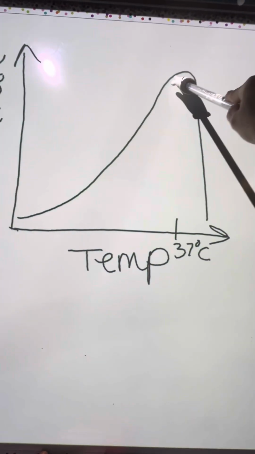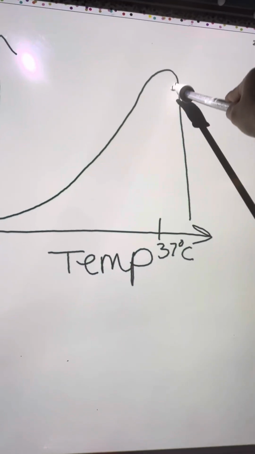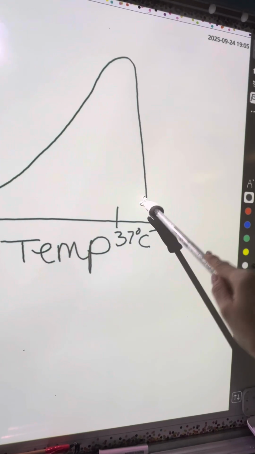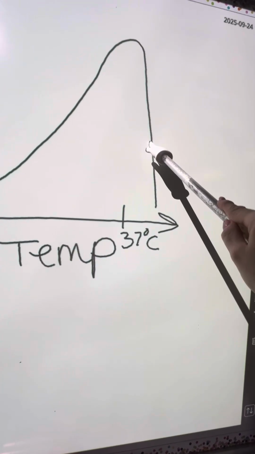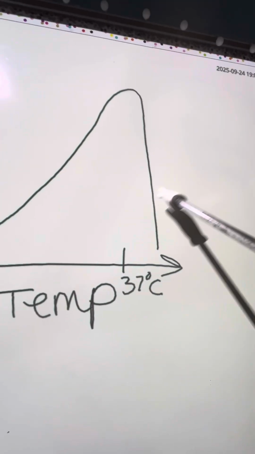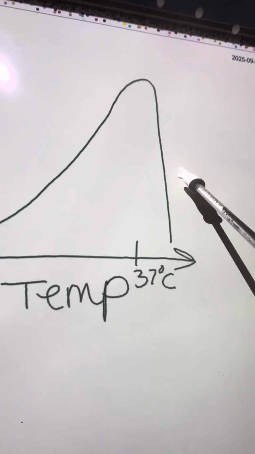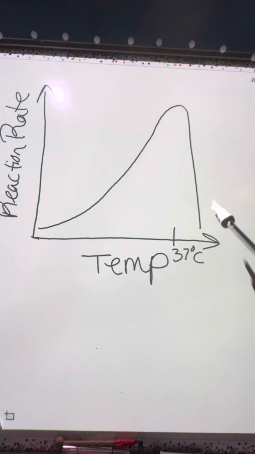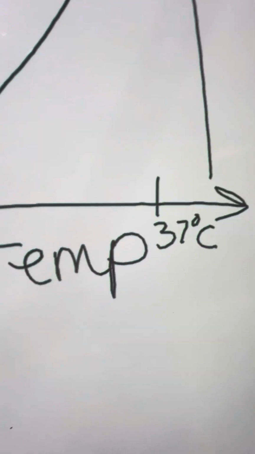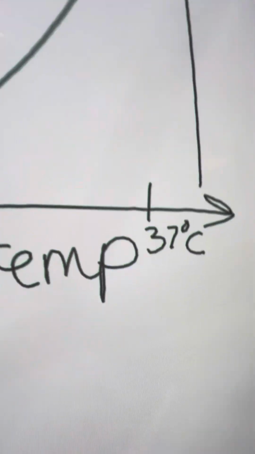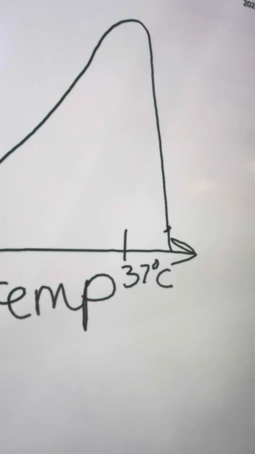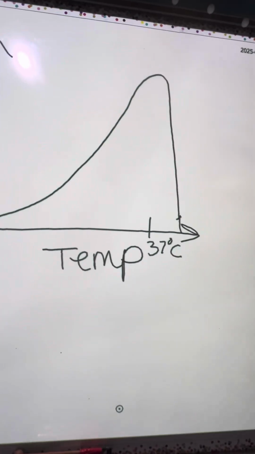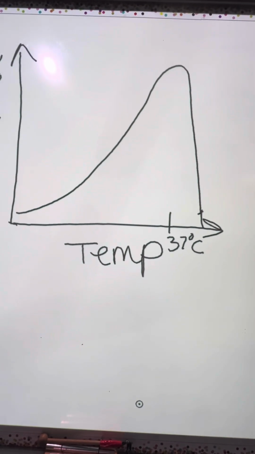After we hit this optimum temperature, the reaction rate drops significantly. This is because the enzyme is being denatured, it's unfolded, and it's not going to work the way it's supposed to. So the reaction rate decreases, and it actually should go all the way down to zero, because eventually all the enzymes will be unfolded, and it'll be too hot for the reaction to progress.